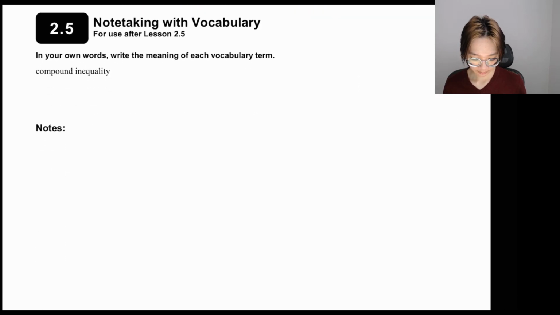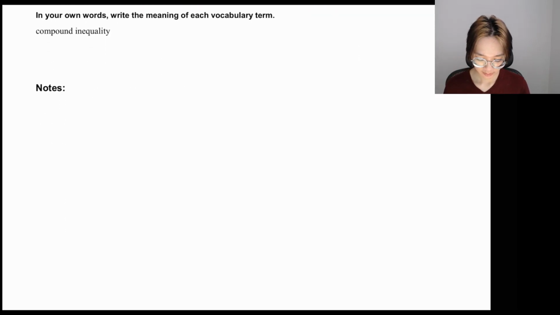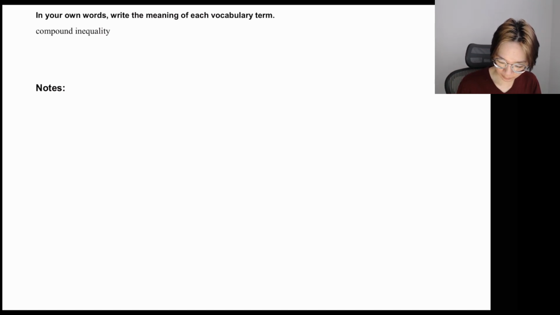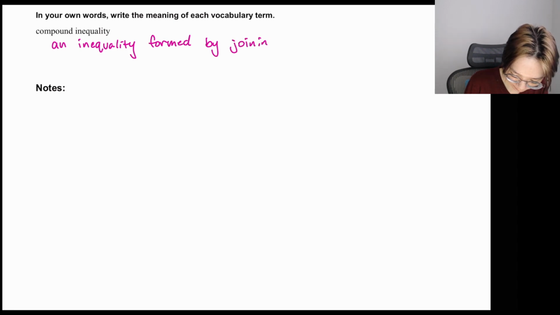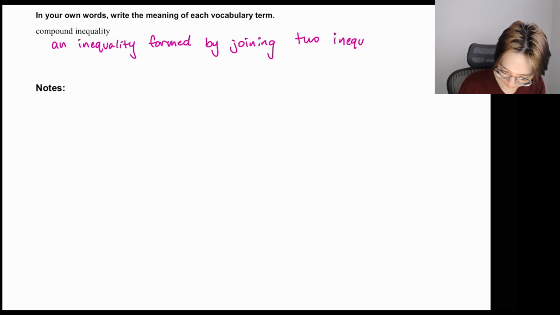Now, here's where you get a vocabulary definition of compound inequality. What is a compound inequality?